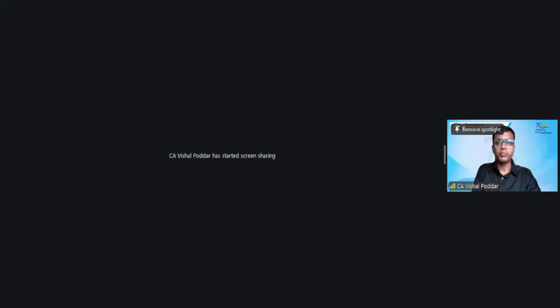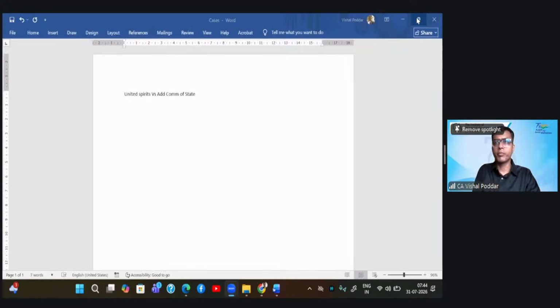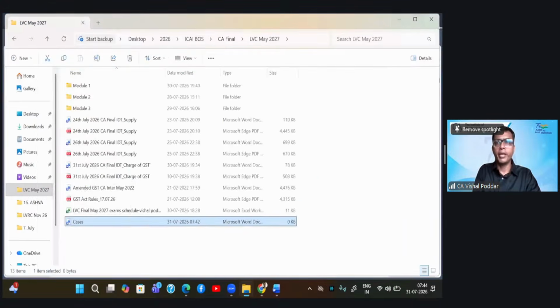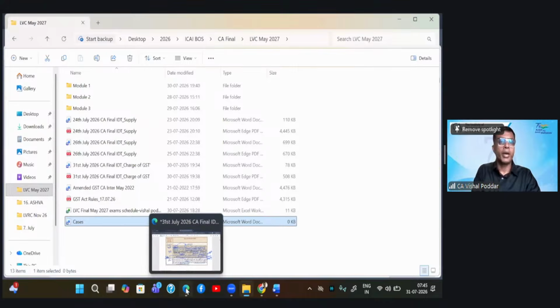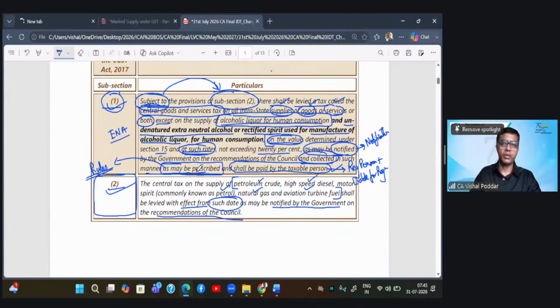So again, students, this is your research work for the time being, that you have to come back to me in the next class with reasoning. I don't simply want the answer yes or no, because now I have got conflicting answers about CNG. One person has said it is leviable to GST, another person is saying it is not leviable to GST.